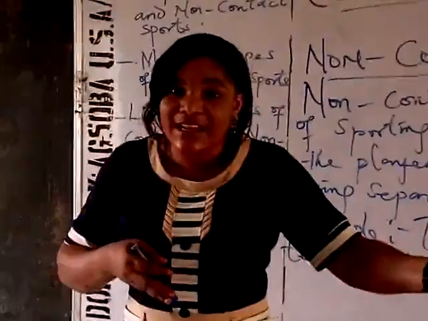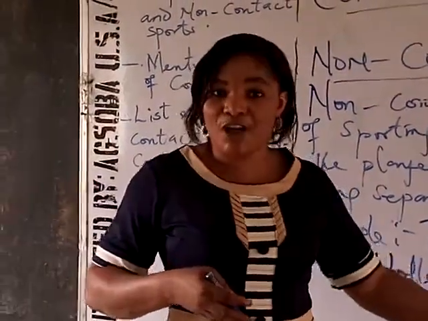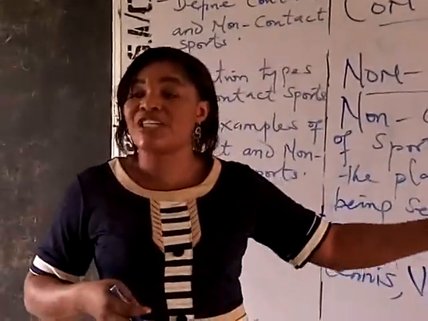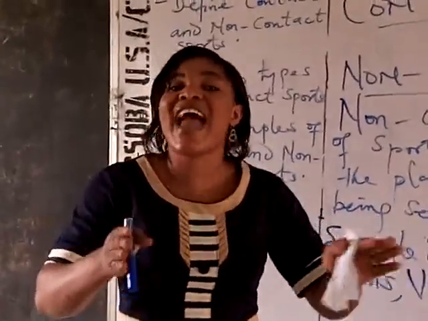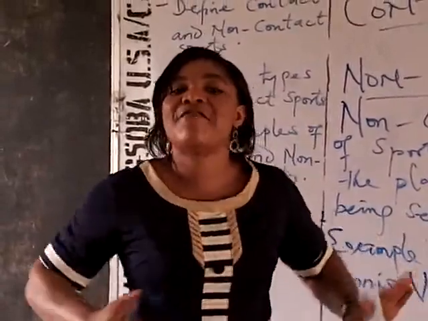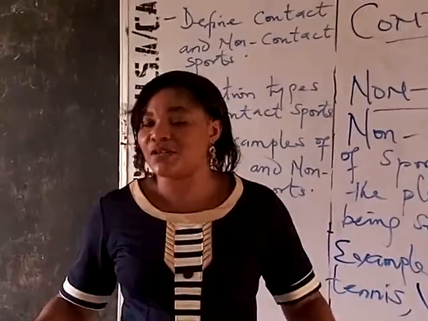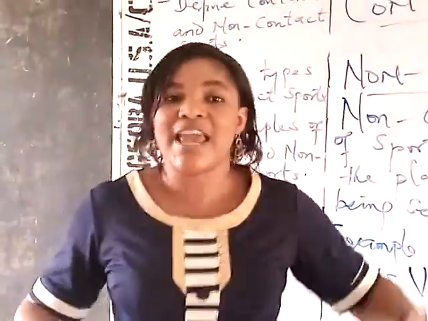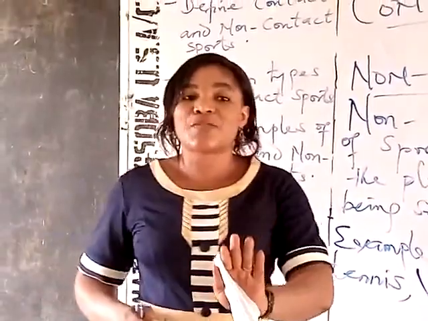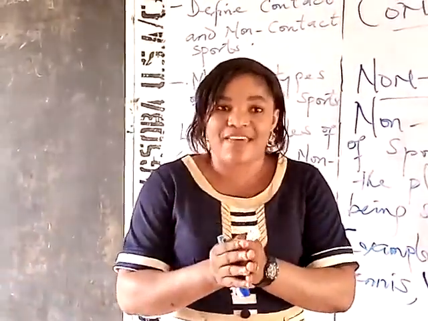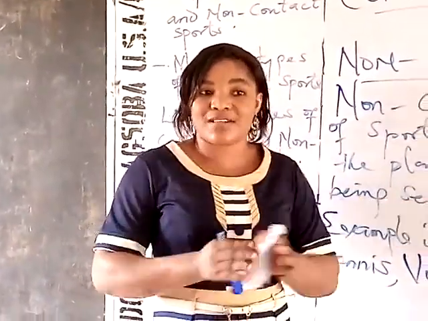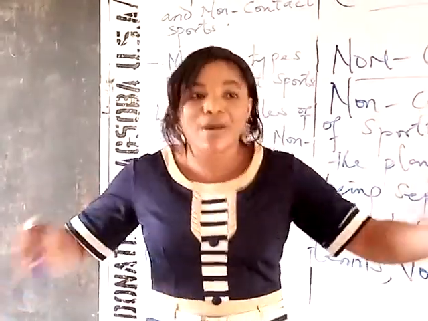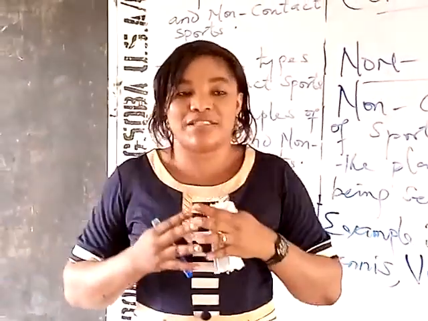Whether it is partial contact or full contact, which are the types of contact sport, they are different entirely from non-contact sport. Because in non-contact sport, there is nothing that can bring you and your opponent together. You have been physically separated in non-contact sport. But in contact sport, you are together. In partial contact, you and your opponent are on the same field.